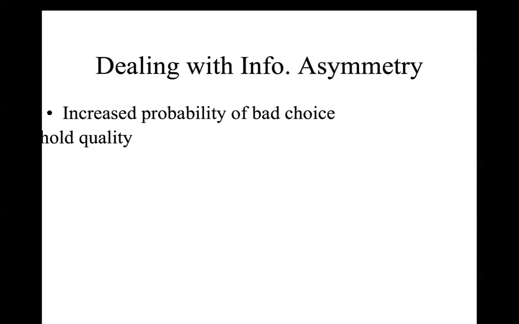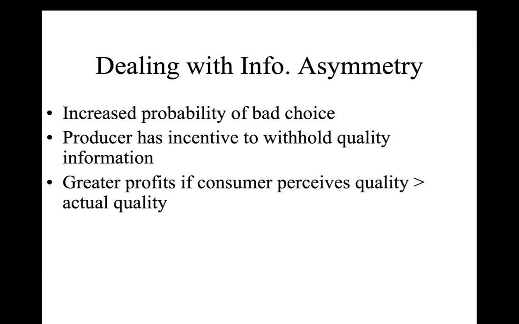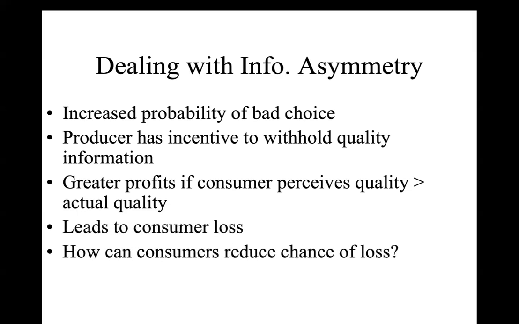All right. So again, where information asymmetry is present, we have an increased probability of bad choice because the producer has an incentive to withhold quality information to achieve greater profits if the consumer perceives quality to be higher than it actually is, which leads to a loss in utility. And consumers are basically left with the task of dealing with this in some way, form, or fashion.